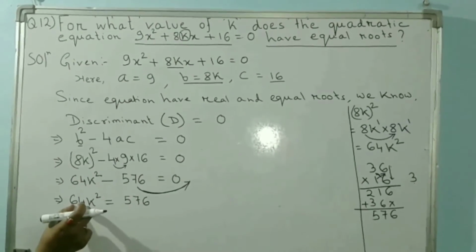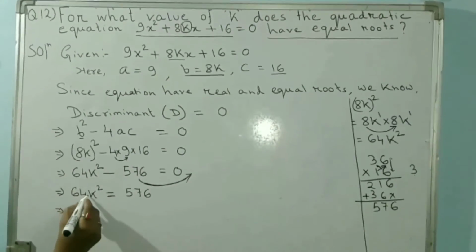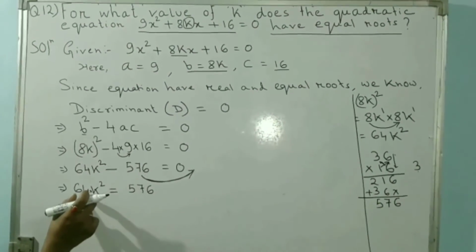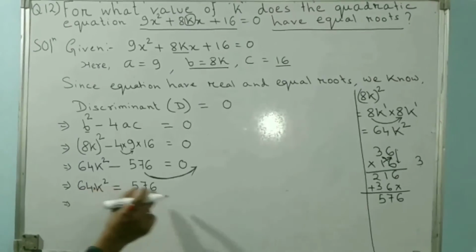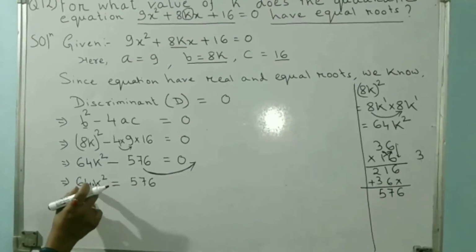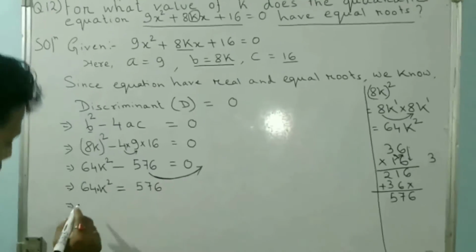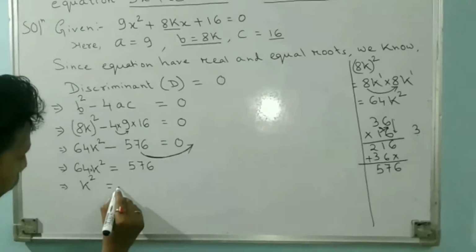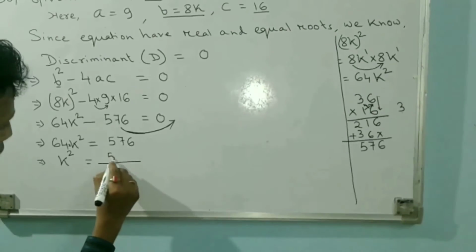Here between 64 and k square there is no sign, which means it is multiply. When we shift any number from left to right, if the sign is multiply, it changes to divide. So k square equals.